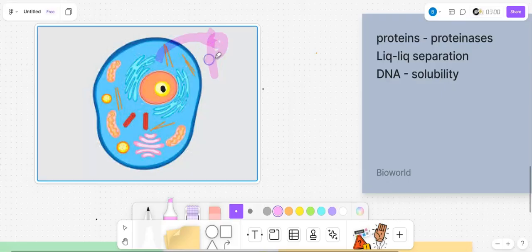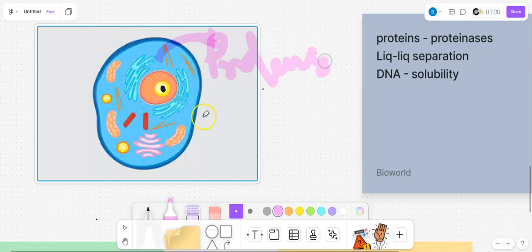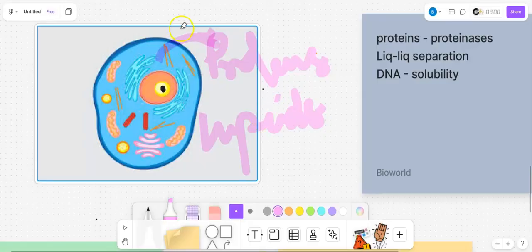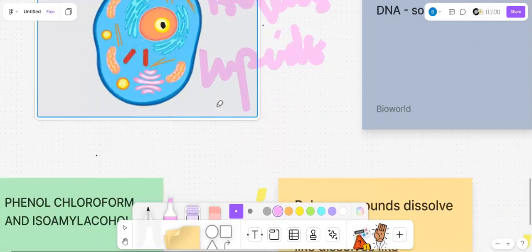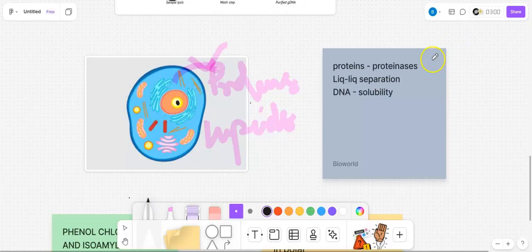Some of them are proteins and lipids. మనం separate చేయాల్సింది nucleic acid. So we will have proteins and lipids present in the cell which are to be removed. Proteins remove చేయడానికి proteinases; proteinase K is one of the known enzymes which is used to degrade proteins in the cell.